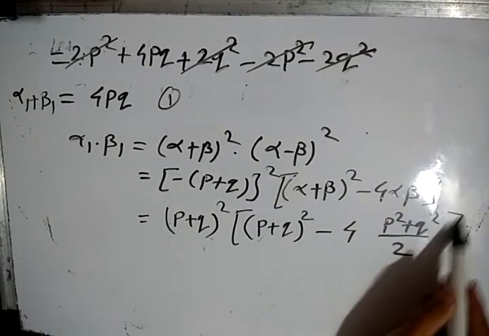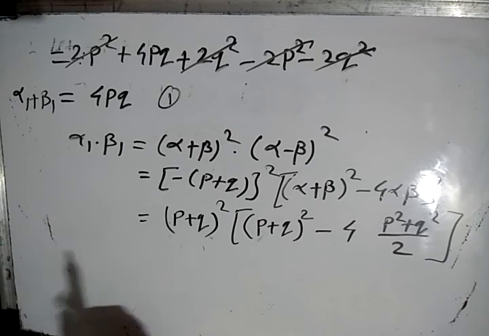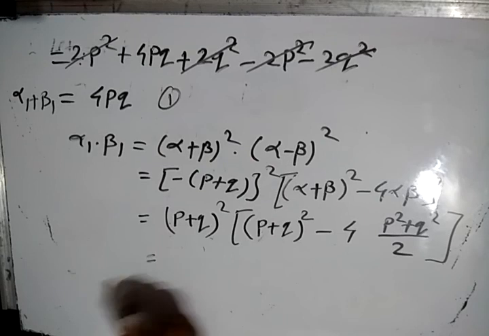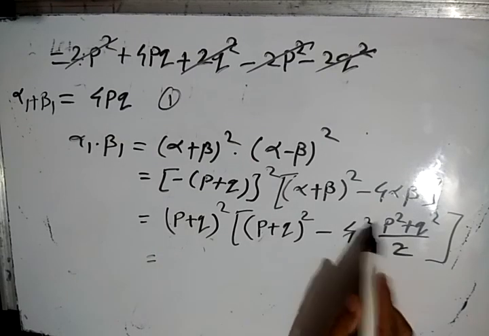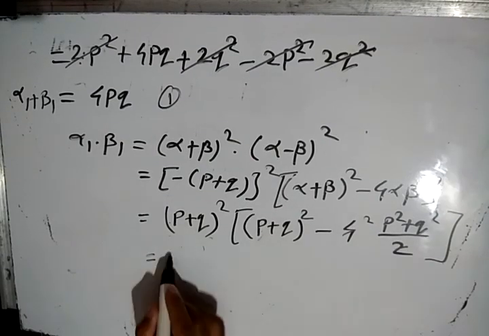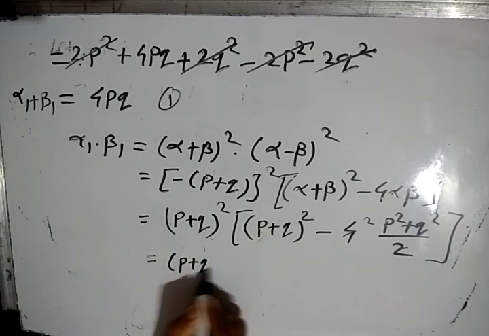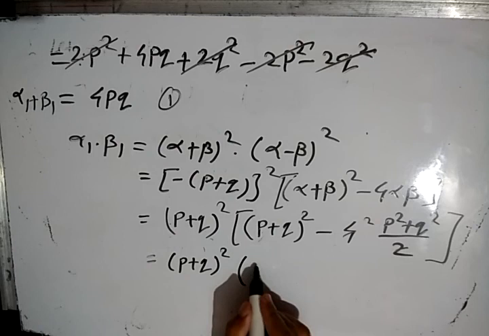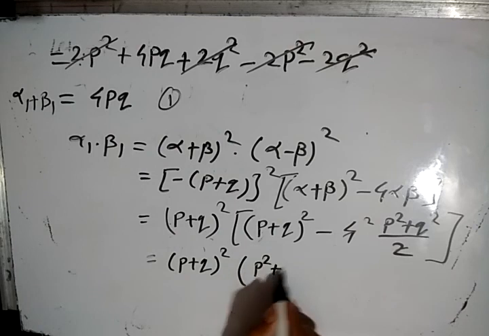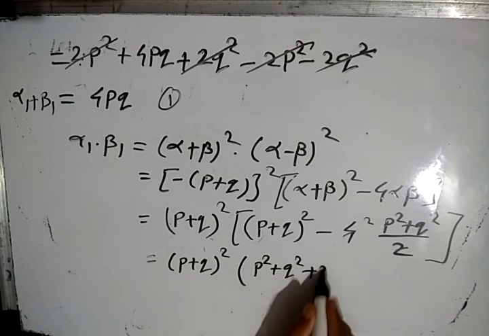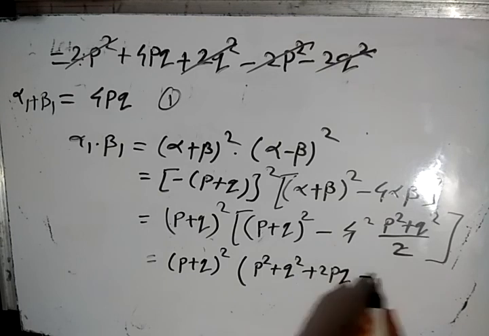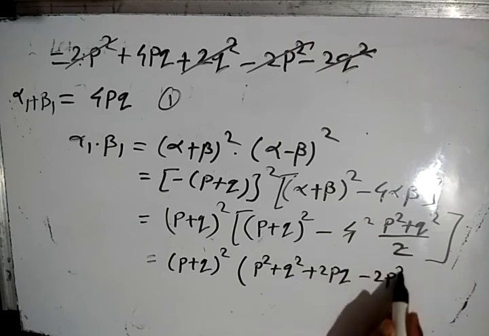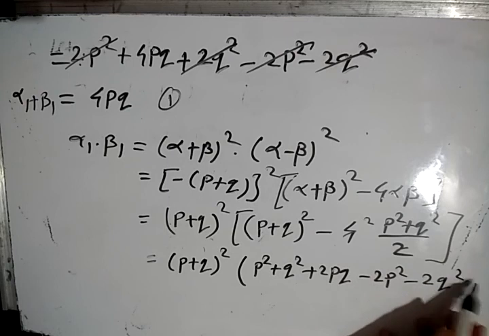Here we can write in this way. Then 2 ones are 2, 2 2s are 4. Here p plus q whole square as it is. Write down the expansion of this. P square plus q square plus 2pq minus p square minus 2p square minus 2q square.